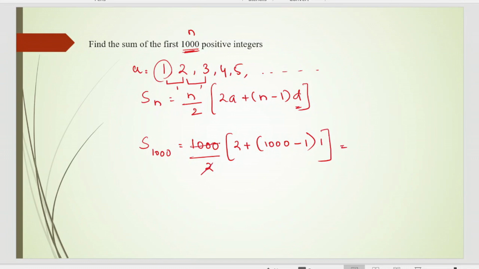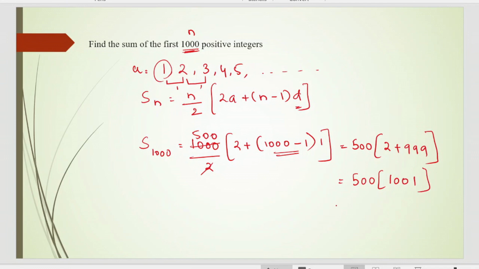Which is, this is 500 into 2 plus 999, right? So here you will get 500 into 999 plus 2 is 1001. So when you multiply, you will get the sum of the first 1000 terms.